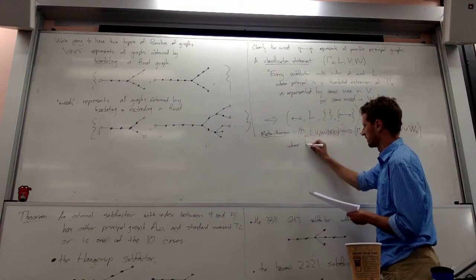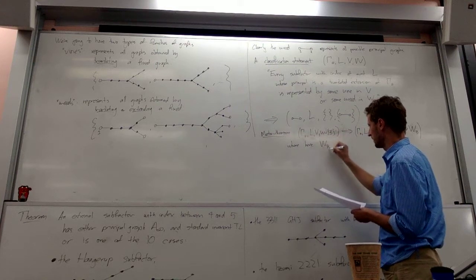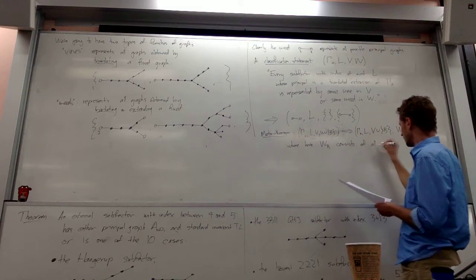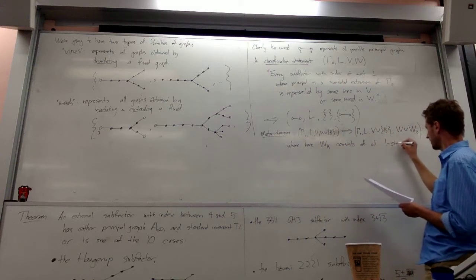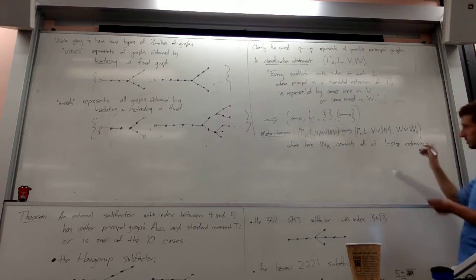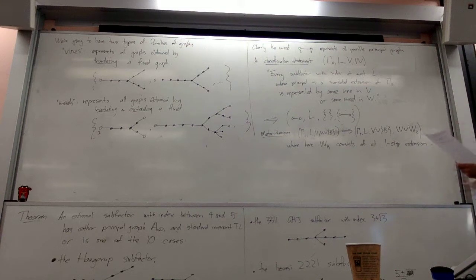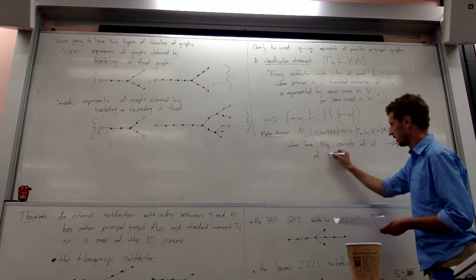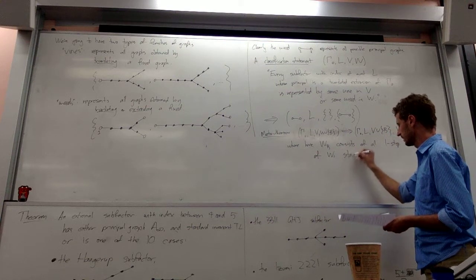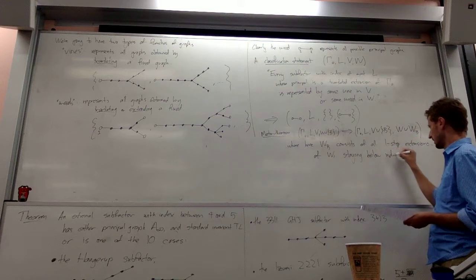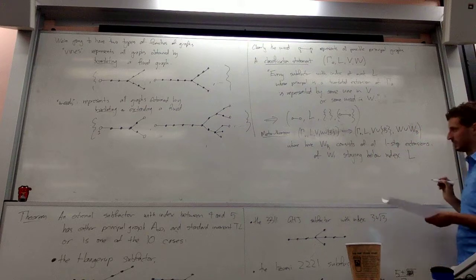where here, WB consists of all one-step extensions. So that means we've just taken the graph W and added a few new vertices at just the very next depth, but only one more depth. Consists of all one-step extensions of W staying below index L. Okay?